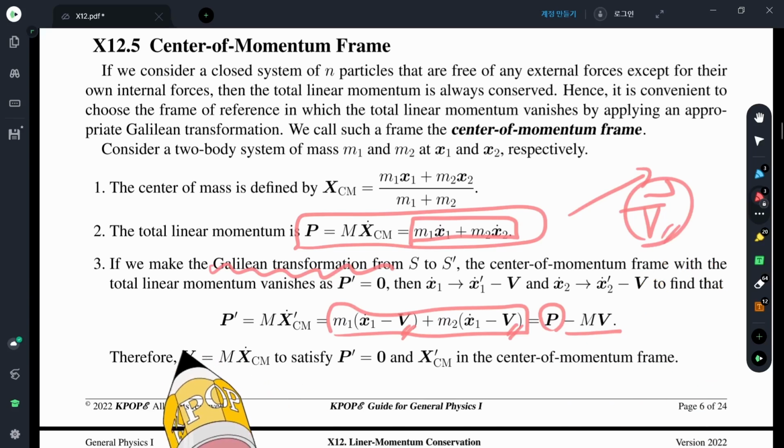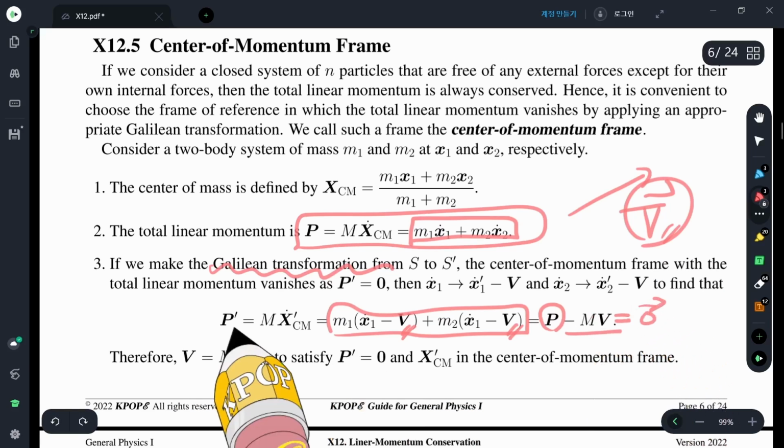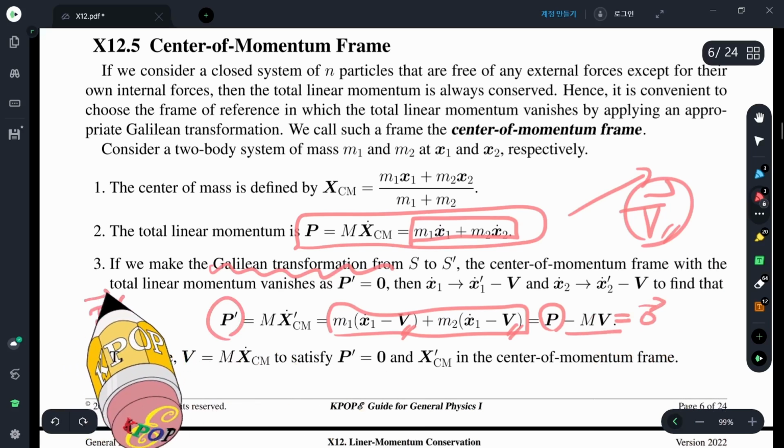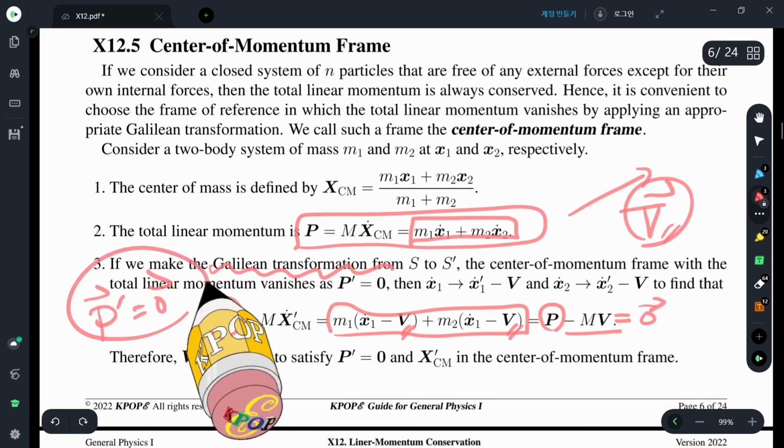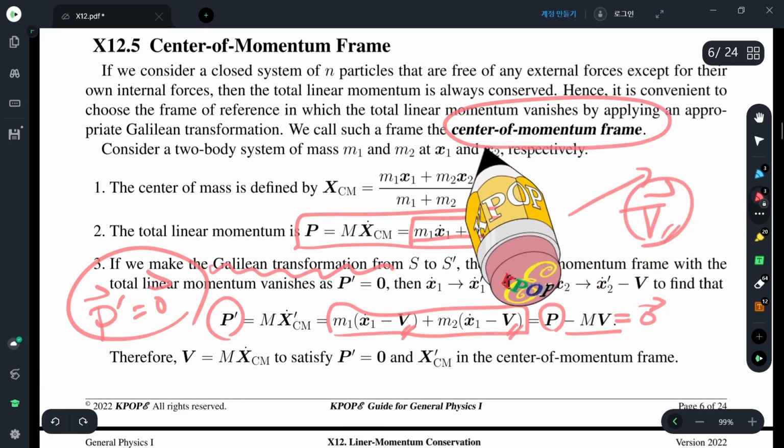We have the frame where this value becomes 0, when p prime equals 0, and the frame is called the center of momentum frame.